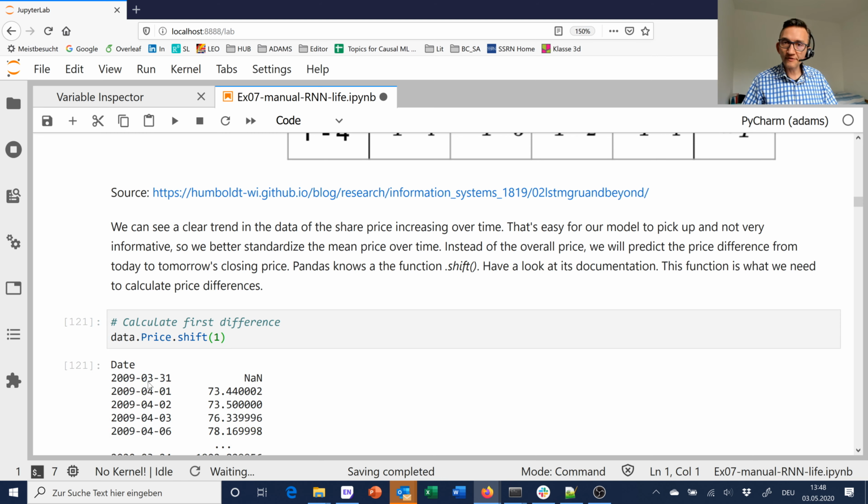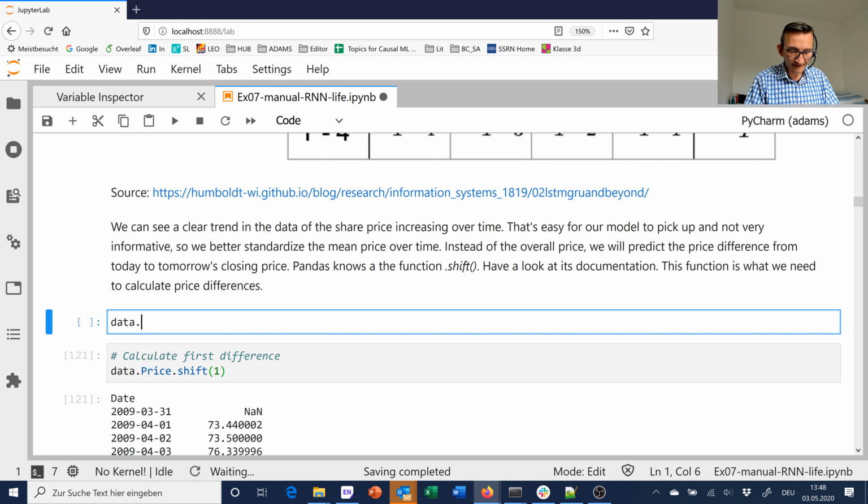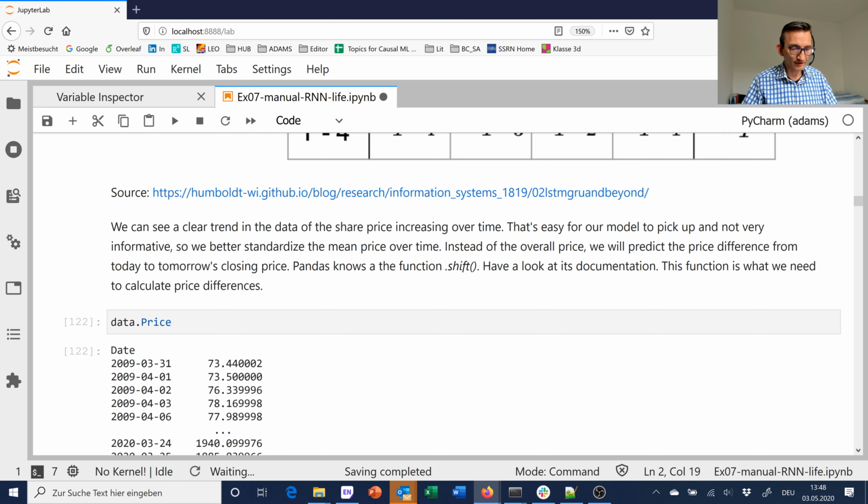Okay, so for the first observation, now I get a None. And then for the second one, I get values. I think it's better if we compare that. So let's have the original time series also on screen.